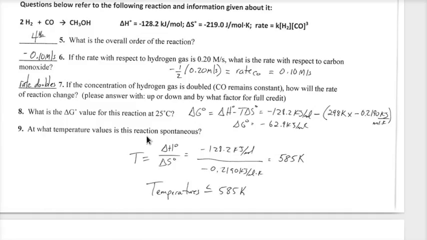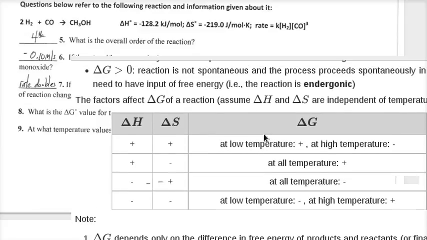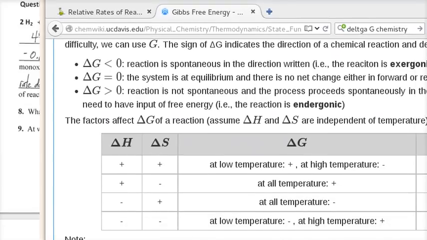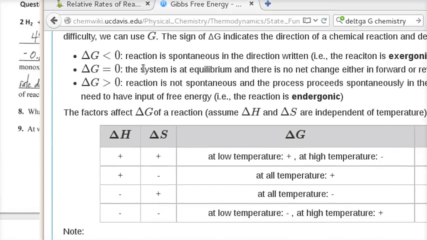At what temperature values is it spontaneous? So this formula, well, the cutoff point for where it's spontaneous or not is always at delta G equals 0, as shown in this, and I'll post this link. So delta G is less than 0, spontaneous.